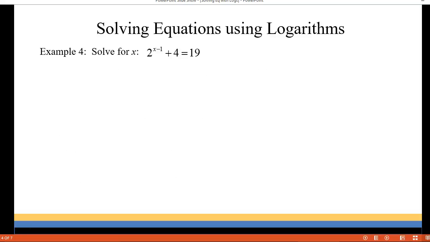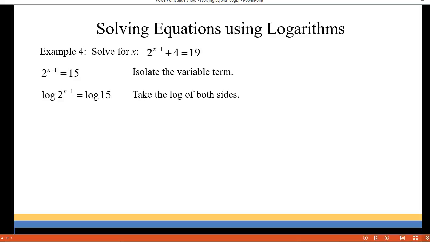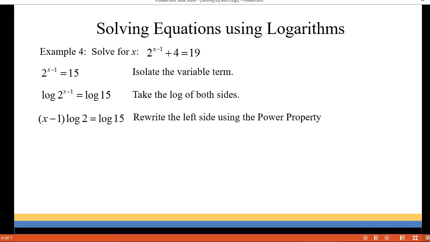For our next example, we have 2 to the x minus 1 plus 4 equals 19. For your first step, you're going to isolate the term that has the variable in it. So we're going to bring the 4 over to the other side. Then we're going to take the log of both sides. So you have log of 2 to the x minus 1 equals log of 15.